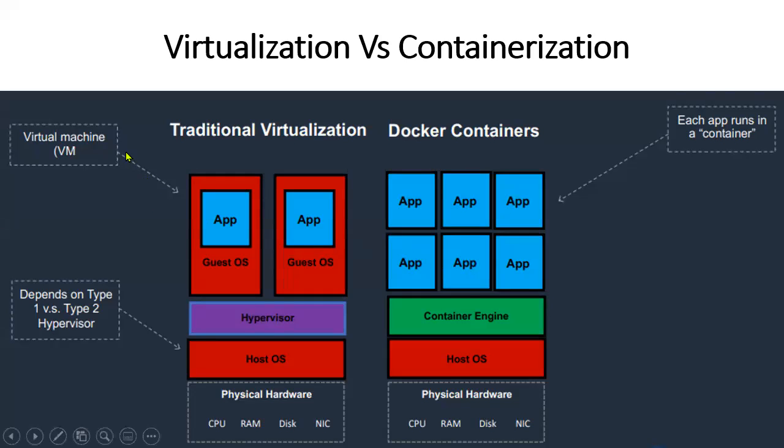So you all know the difference between a virtual machine and a Docker container. The virtual machine has a guest OS in it, but your Docker containers don't have any guest OS. They only have applications, like Node.js, React, PHP. And in virtual machines you have the guest OS plus your application.